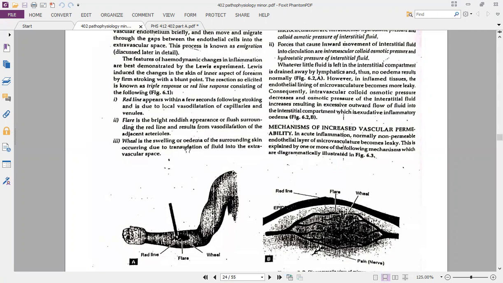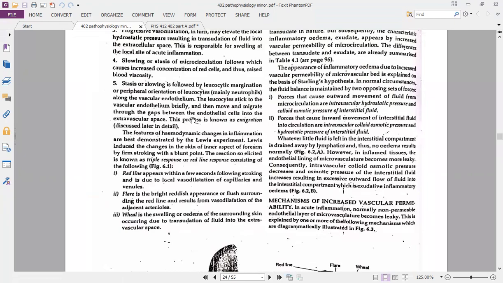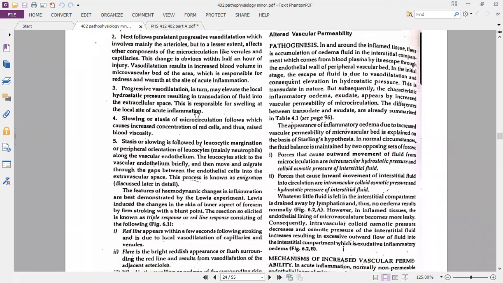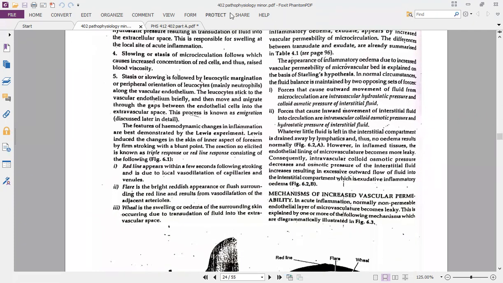This is followed by wheal. In wheal, you feel the edema, and the surrounding skin becomes more swollen because of the transudation of the fluid, which is the exudate, which starts to accumulate. This triple response is exactly what happens if you slap a person on the face. I give this example in class to make things more interesting and relatable.